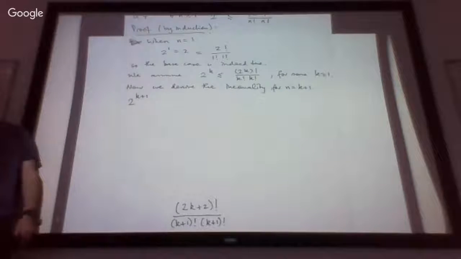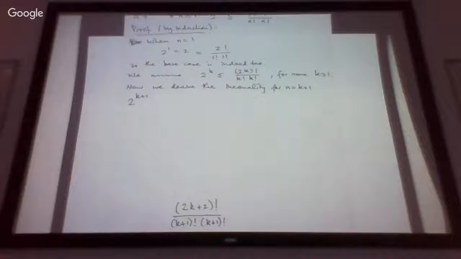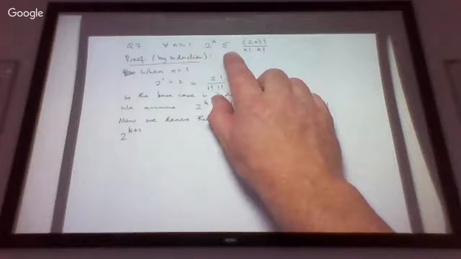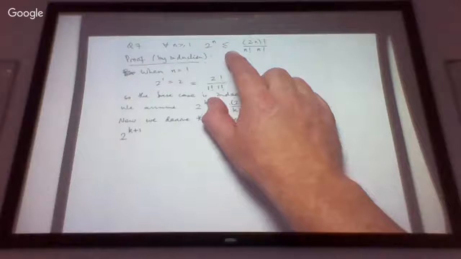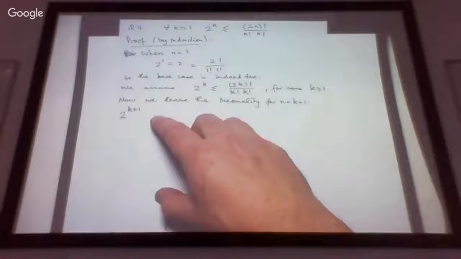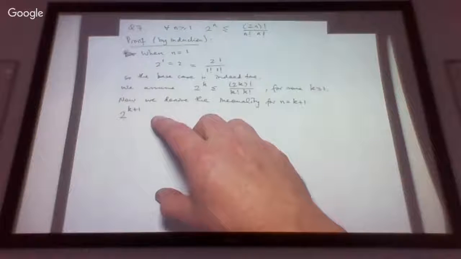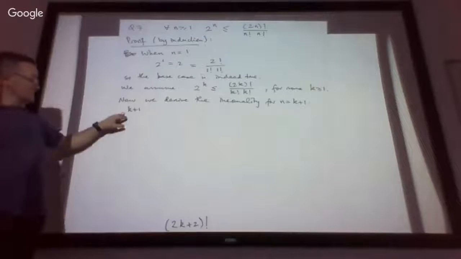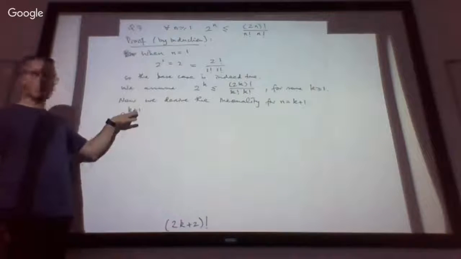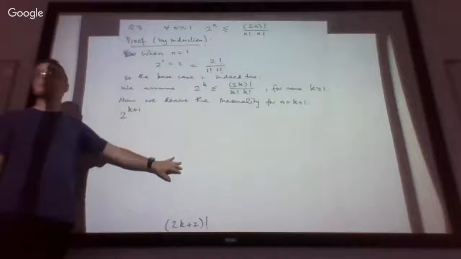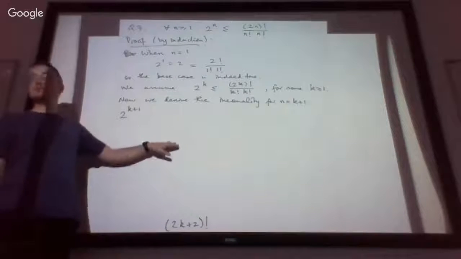I haven't put in any equal signs yet, because the way I've got to get from the left-hand side to the right-hand side is in a less than or equal to fashion. So I'm allowed to make two kinds of step at each stage. I can make an equal step, just pass through an equality, or I can step up, by replacing my expression with something bigger. What I don't want to do is at any stage replace it by something smaller.